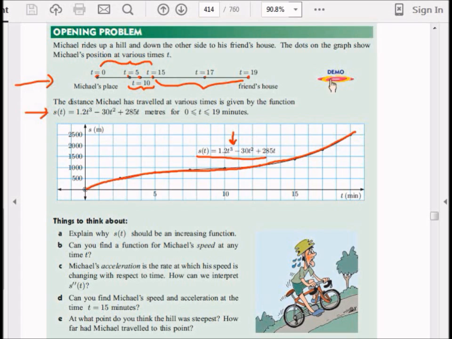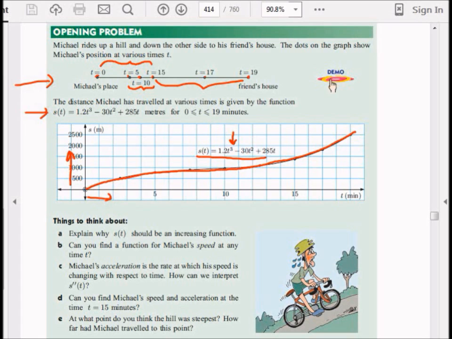This is an increasing function because as time goes on, the distance increases. And graphically we can see that the y value is going up as the x value increases. So that's an increasing function.